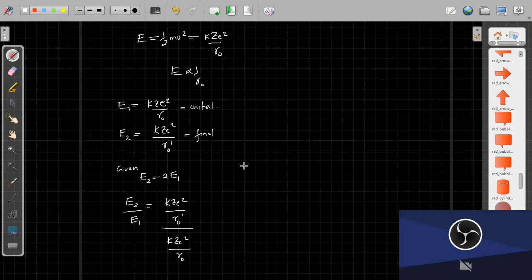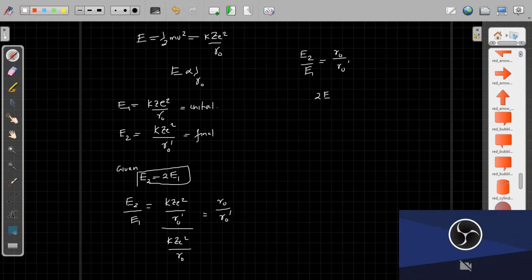As you can see, everything gets cancelled. This goes here: R naught by R naught dash. So E2 by E1 is equal to R naught by R naught dash. Now E2 is given as 2E1. Plug it in.